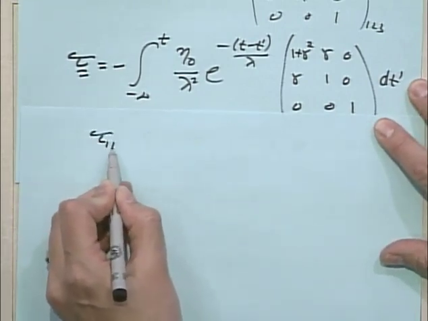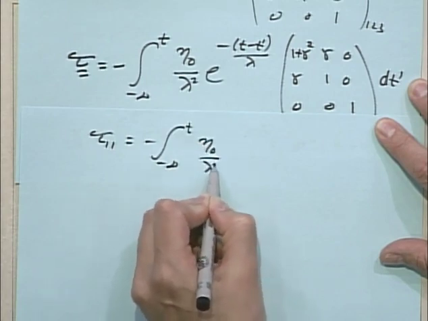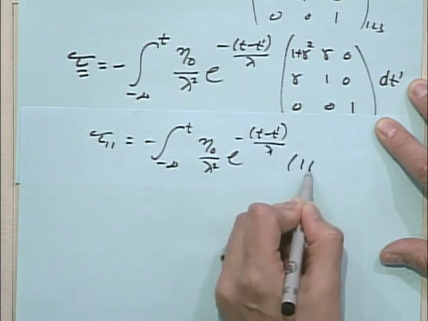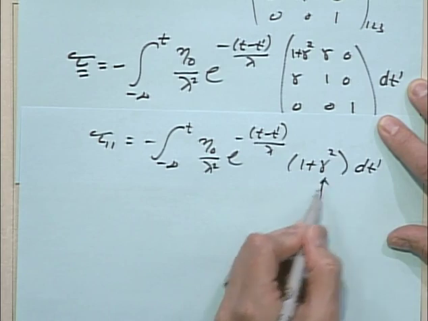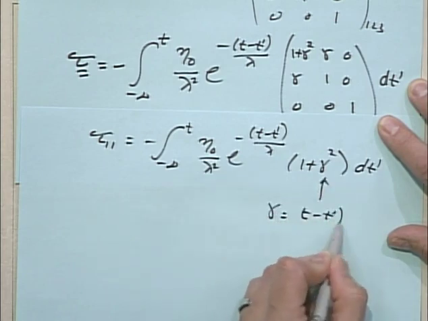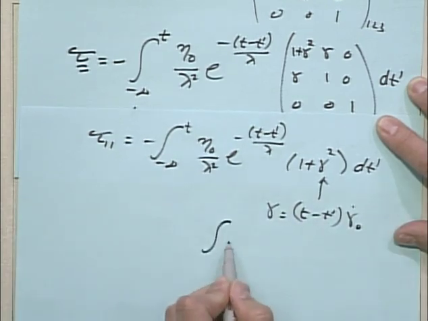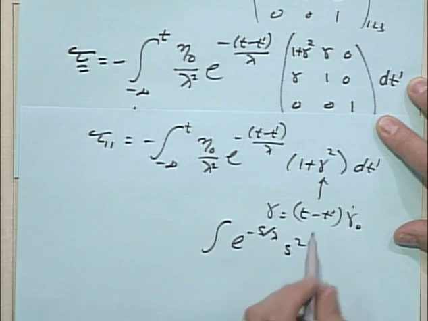So tau 11 is minus the integral from minus infinity to t, eta naught over lambda squared, e to the minus t prime over lambda, (1 plus gamma squared) dt prime, where gamma is (t minus t prime) gamma dot naught. So this one turns into e to the minus s over lambda, s squared, because this one's going to end up with an s squared in it.